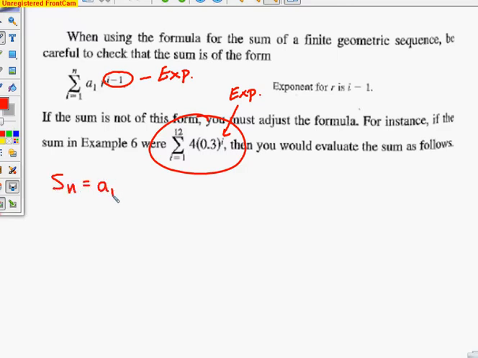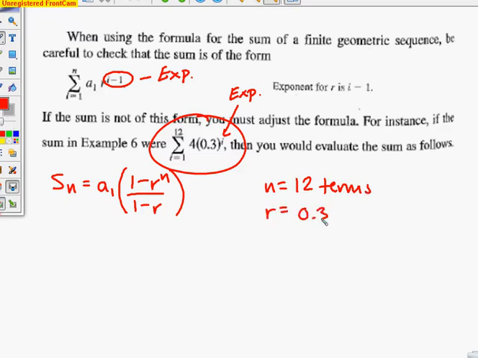So I have the first term times 1 minus r to the n over 1 minus r. So I need to know n, a sub 1, and r. n is the number of terms. I'm still counting from 1 to 12. That's 12 terms. r is still that common ratio of 0.3.